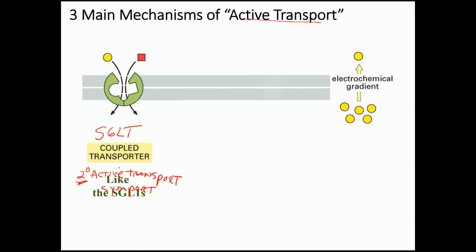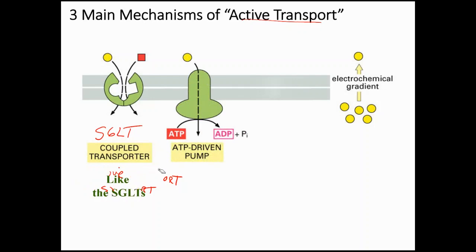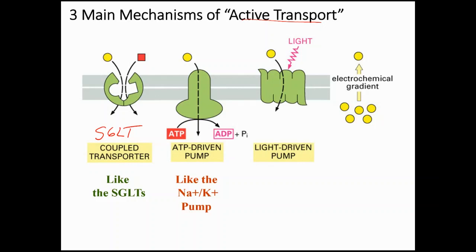And then, of course, what do we have? We have the ATP-driven pumps, such as the sodium-potassium pump, correct? And then we even have in nature some light-driven pumps, okay?